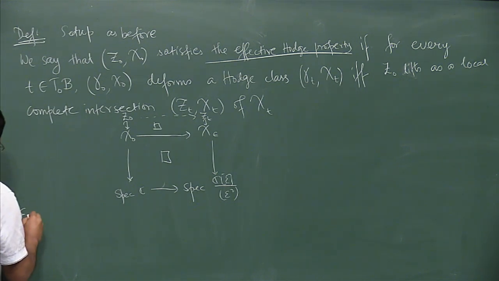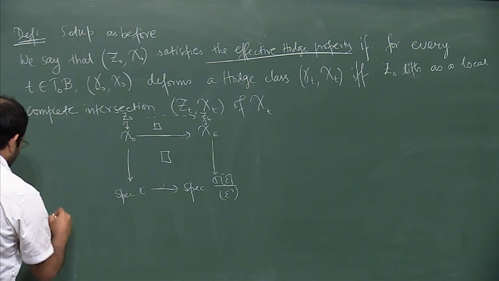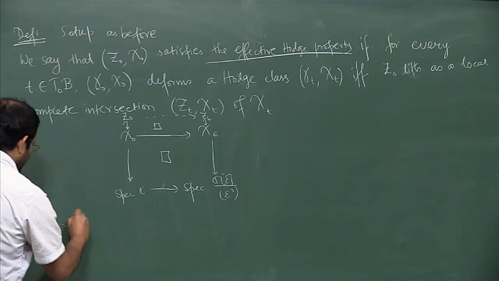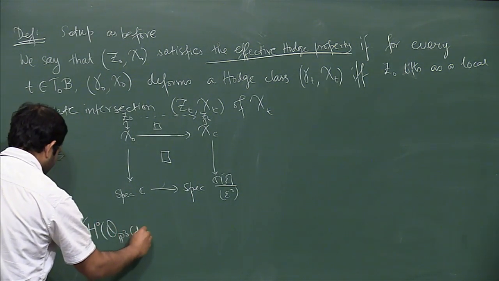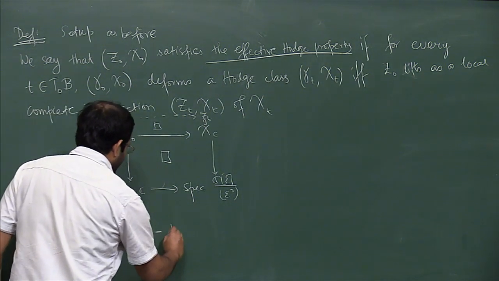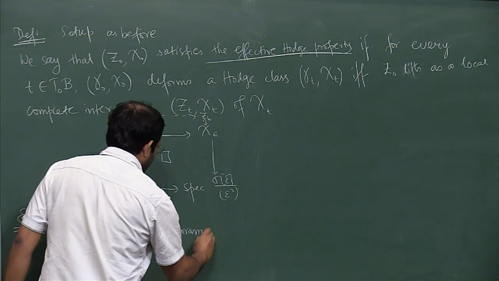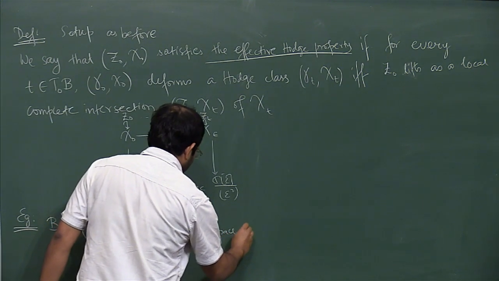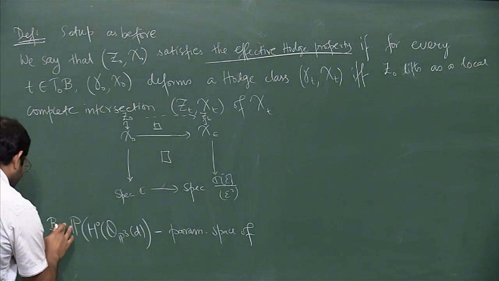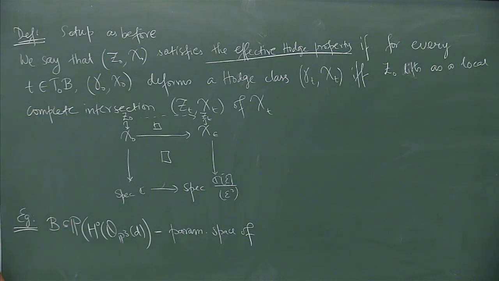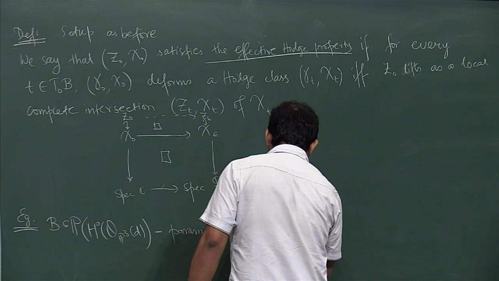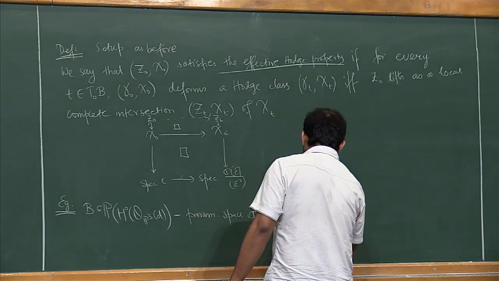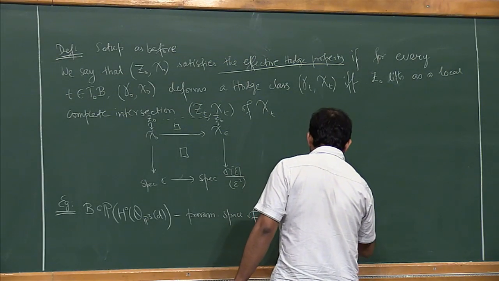Easy examples are if you take B, the parameterizing space of smooth degree D surfaces in P3.